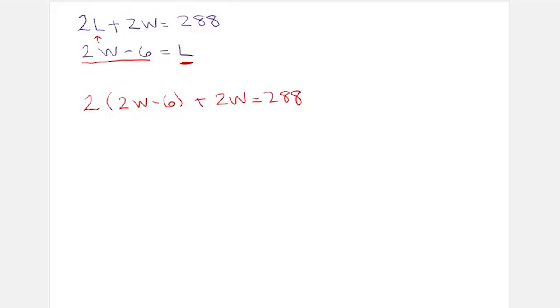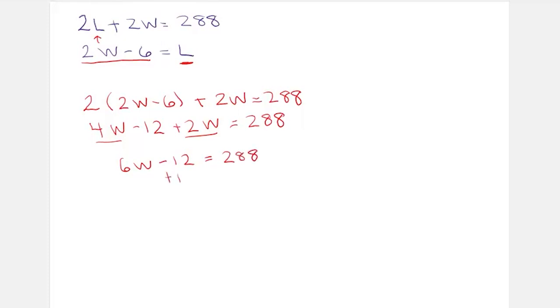Now I can solve this equation. Let's distribute that 2. We get 4W minus 12 plus 2W equals 288. Let's combine like terms: 4W and 2W give 6W minus 12 equals 288.